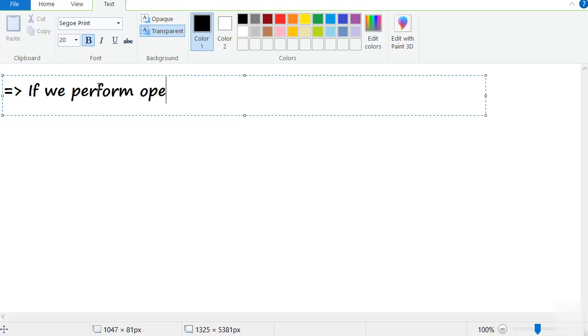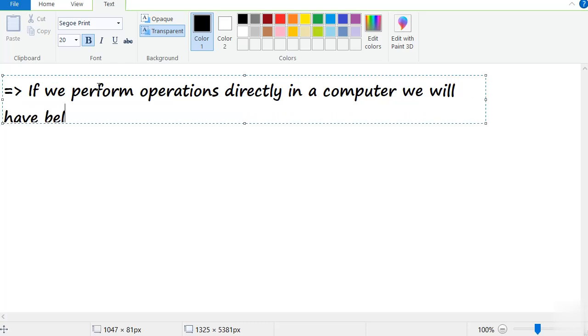If we perform operations directly in a computer, we will have the below problems, as shown in the above diagram that we have discussed.